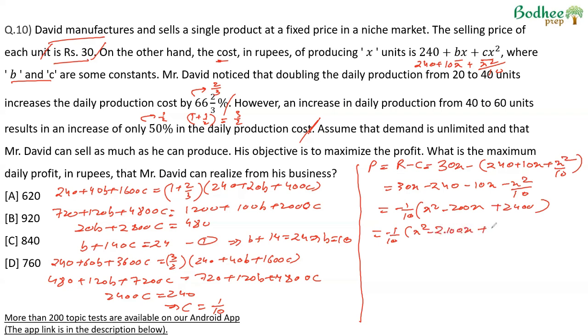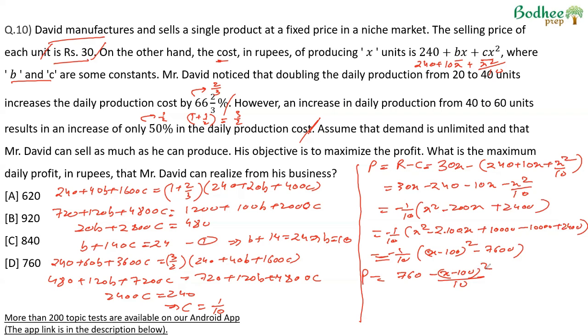Therefore, add and subtract the square of 100: 10000 minus 10000 plus 2400. This gives us minus 1 by 10 into x minus 100 whole squared minus 7600. Again, multiplying by minus 1 by 10 into minus 7600 is 760 minus x minus 100 whole squared by 10. So this is the daily profit that you're having.